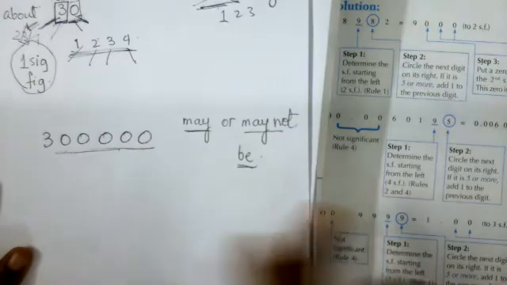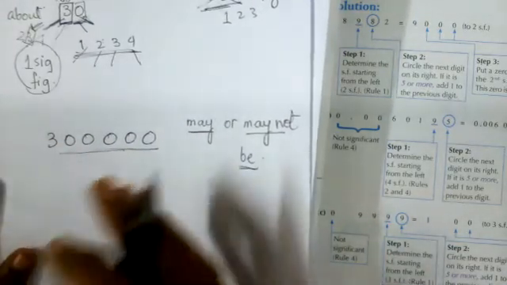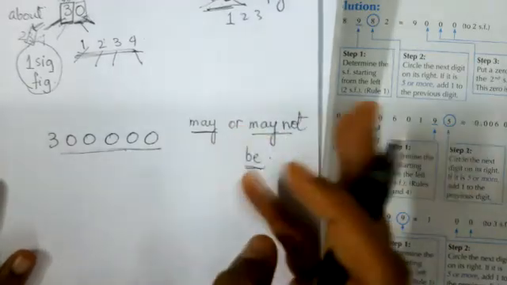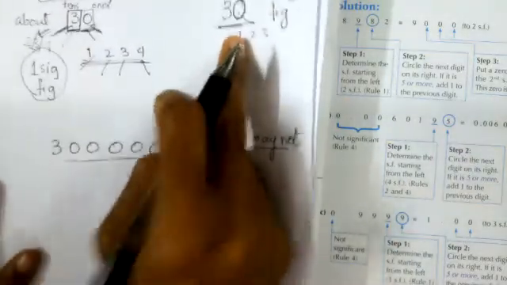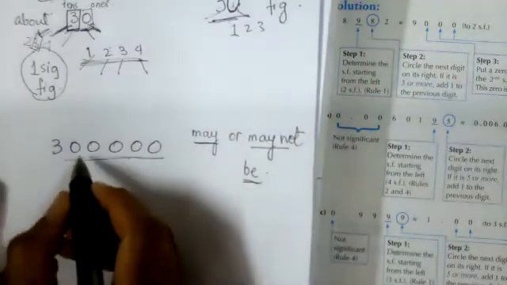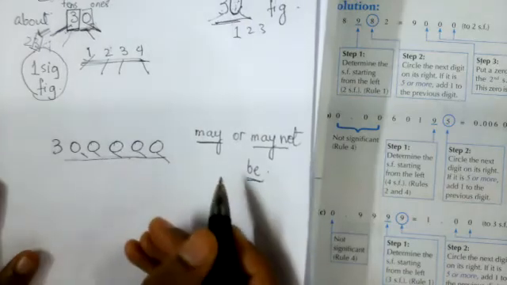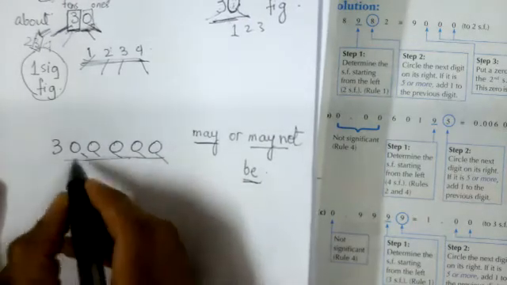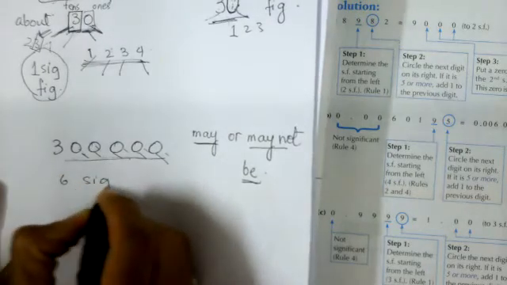In the book, I think they will give you 2 answers. It depends upon the situation, and I will give you examples. One example I have already given you. I will give you another example. Now, for example, if you are sure about all these zeros, then that means 1, 2, 3, 4, 5, 6. There are 6 significant figures.